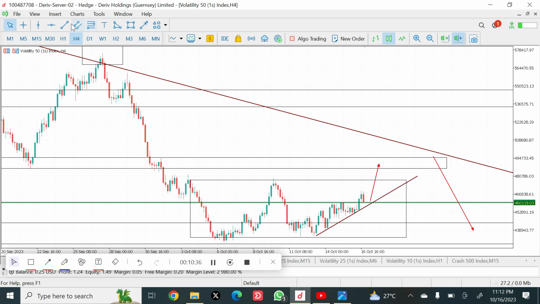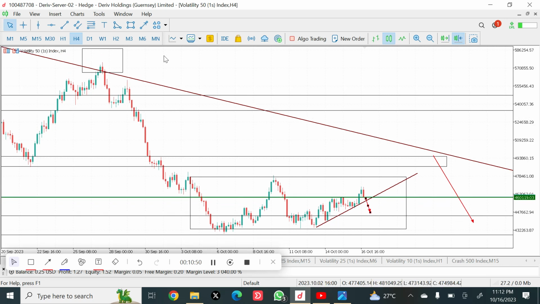But if this area fails and price breaks back into the zone here, then we can be certain that we are most likely to see price return into this area of support, for us to see some possible push to the upside again.